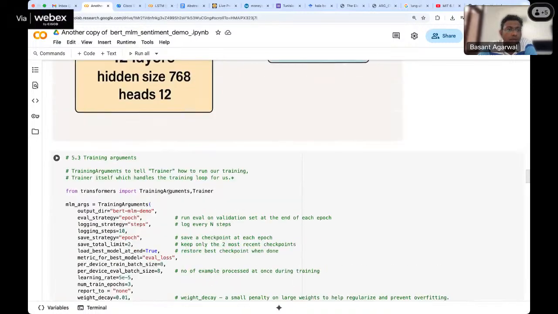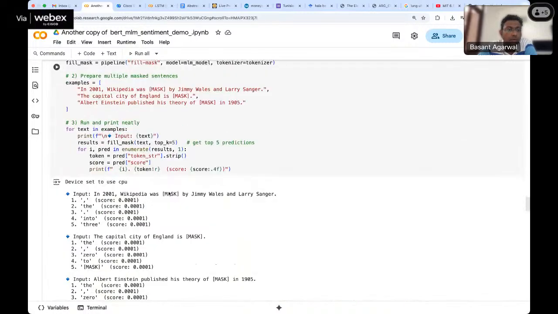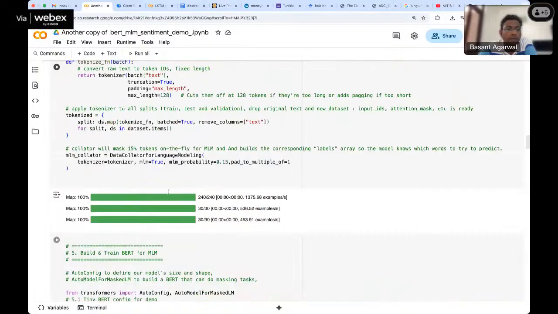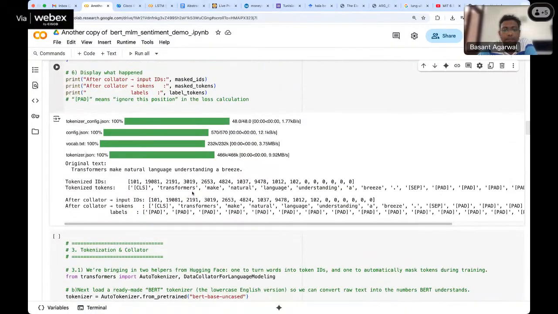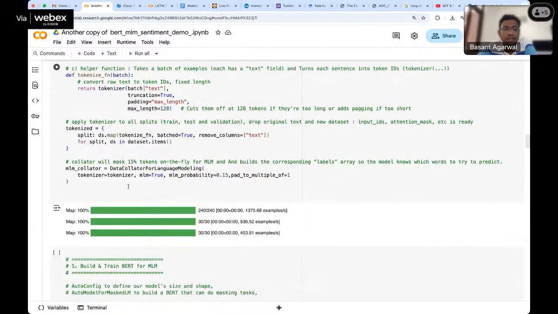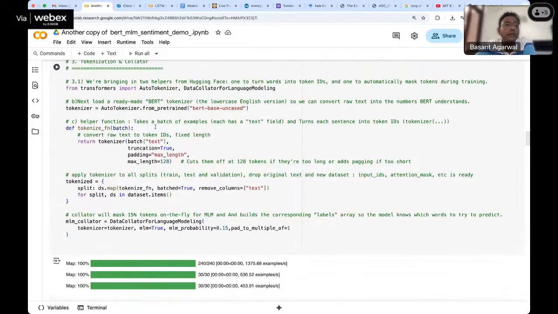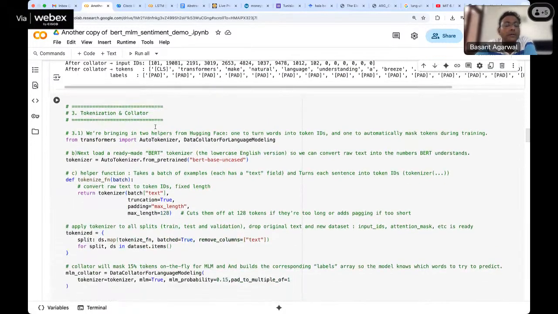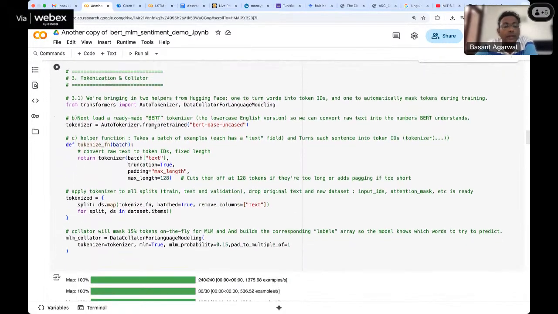I don't know if I have printed it below somewhere. No. So when you run this, you will see the words after the masking also, but here I have not printed that part. Anyway, you can try that.